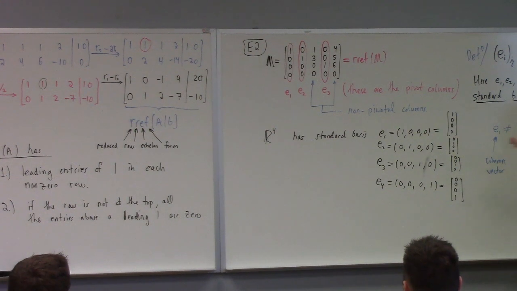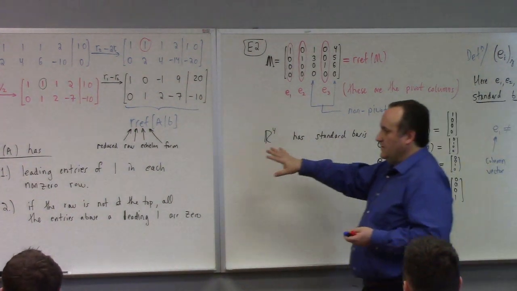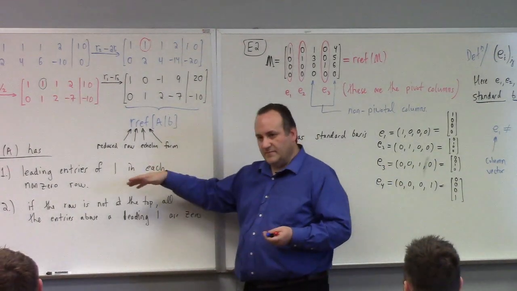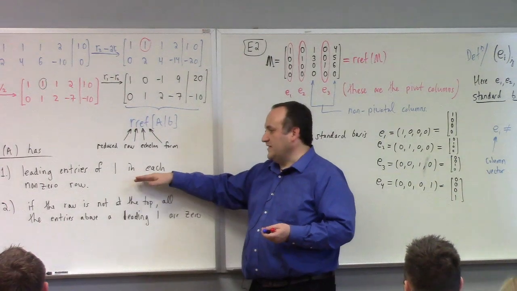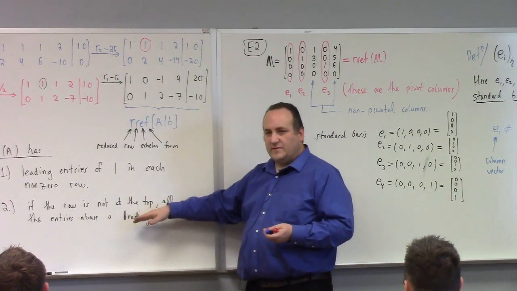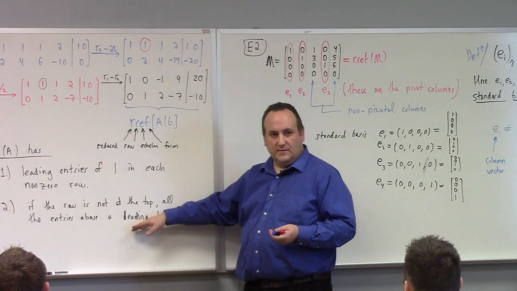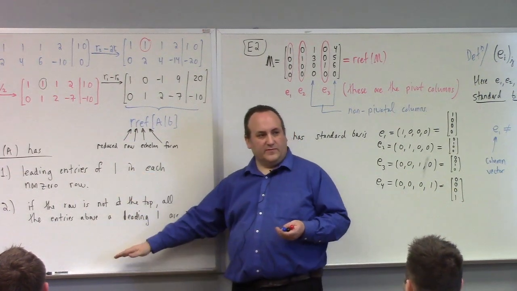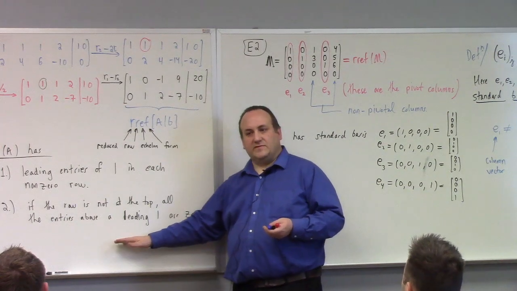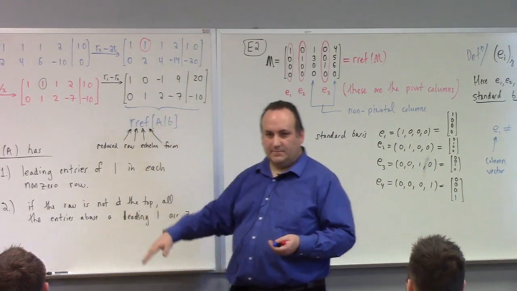There's still something a little bit left out here, describing what the rref is. It has to have leading entries of 1 in each non-zero row. For each non-zero row, there have to be zeros above each leading one. But the other thing is, we have to have all of the 0 rows at the bottom of the matrix. Every 0 row is at the bottom.